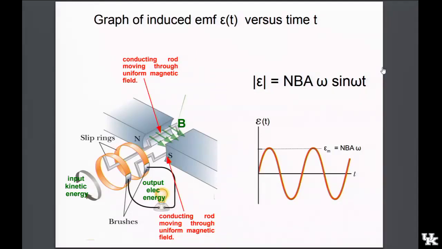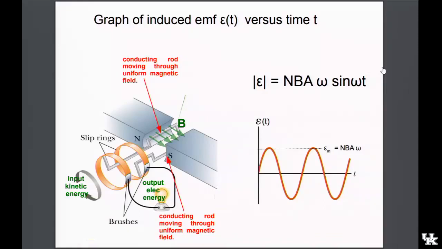At those special moments, there's actually no induced EMF. So an interesting thing about this generator is that as you rotate the coil, the flux through the coil is not just constantly changing at the same rate. Sometimes it's changing quickly, and sometimes it's barely changing at all.